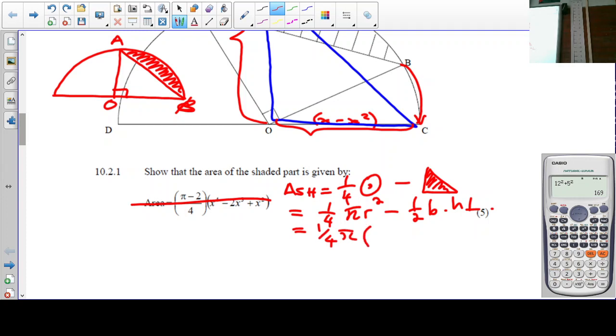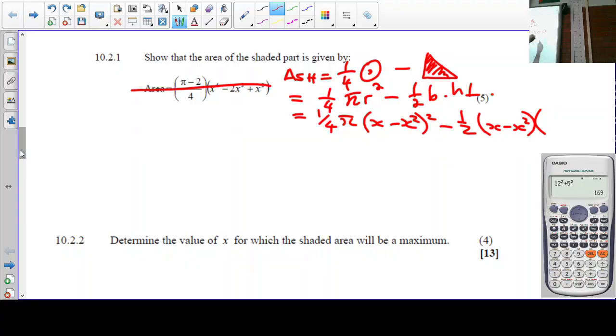What's the length of the radius? X minus x squared all squared, minus half base, which is x minus x all squared, times x minus x squared. But that is squared here, not so. That's x minus x squared all squared.